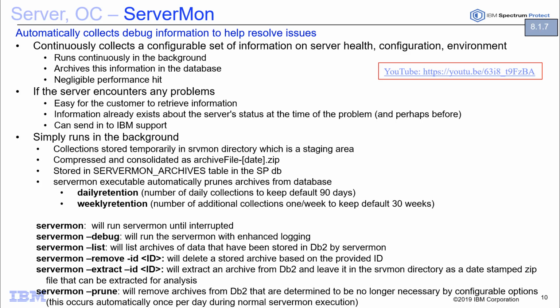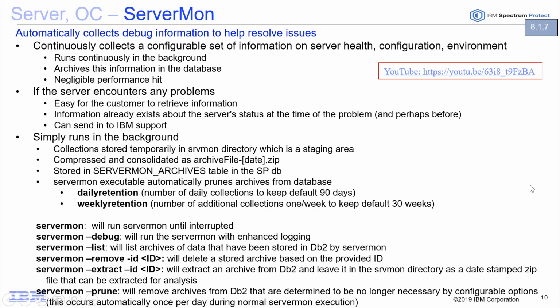It is a negligible performance hit, so you don't have to worry about it impacting your performance. And if the server does actually encounter a problem, then the customer can go into ServerMon, extract the archived information, and send it to the support folks.